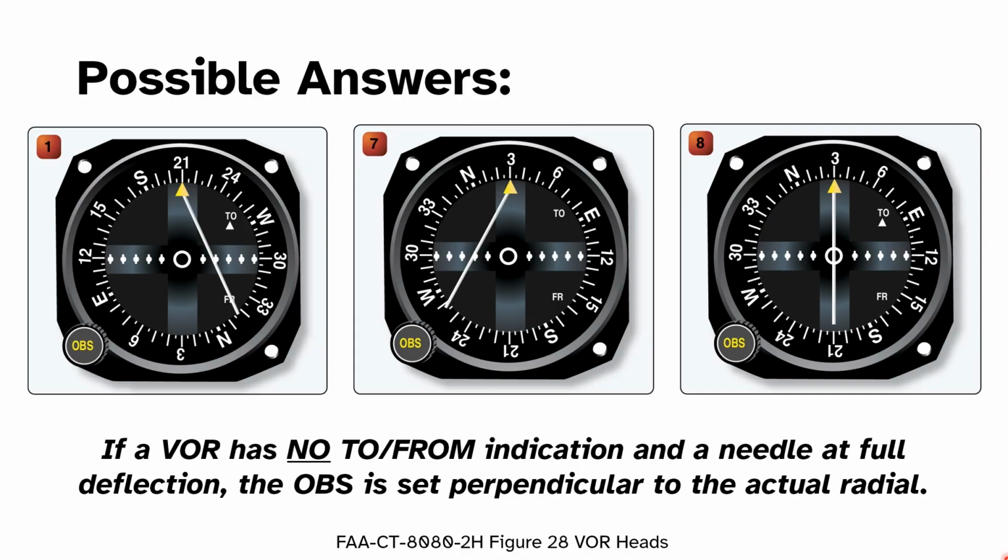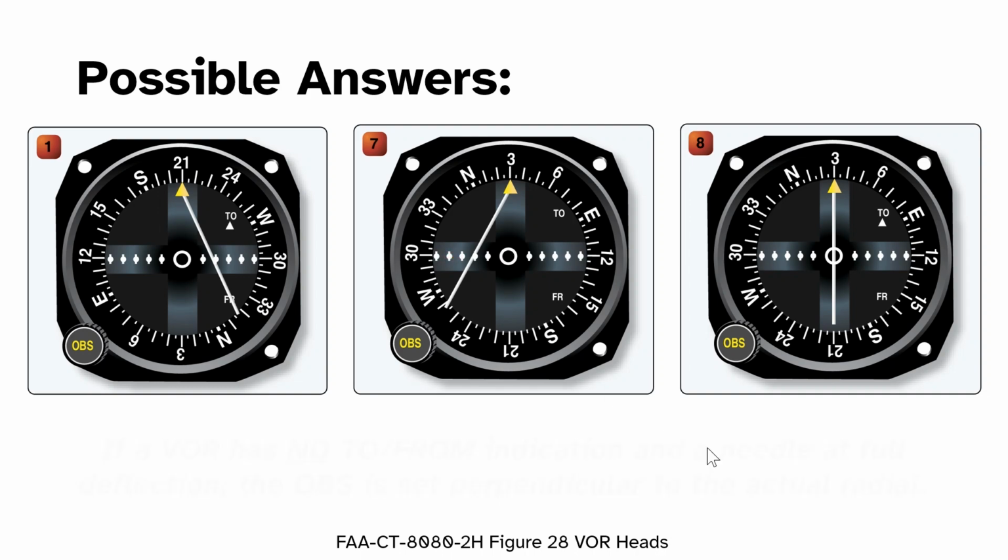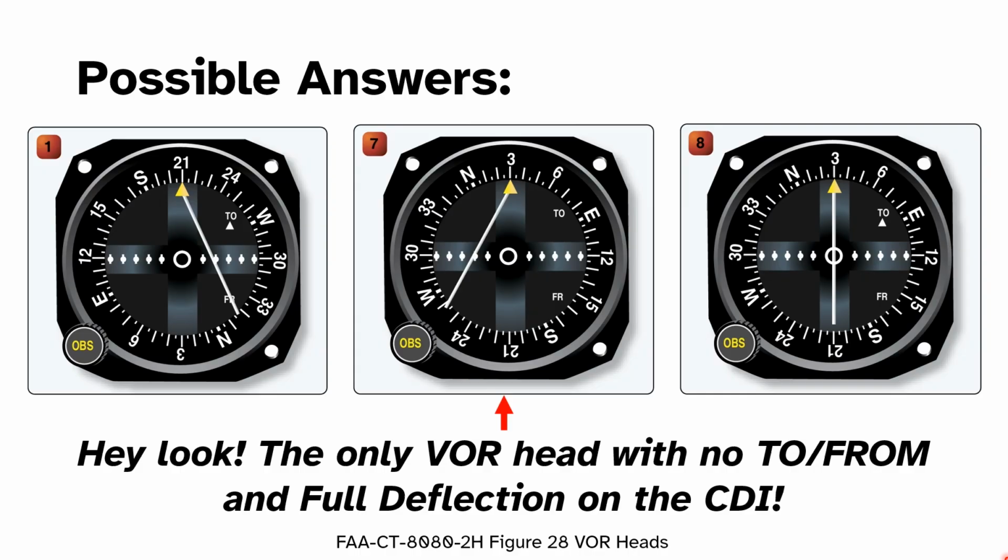The important thing to understand as well is that, again, imagine you are sitting in the middle of this VOR head pointed to the top at that OBS setting. The needle is deflected in the direction of the VOR, so way off to the left. So we've got no to or from, and our needle is deflected to the left, and we're pointed on a 030. Which means that the VOR is off to our left.